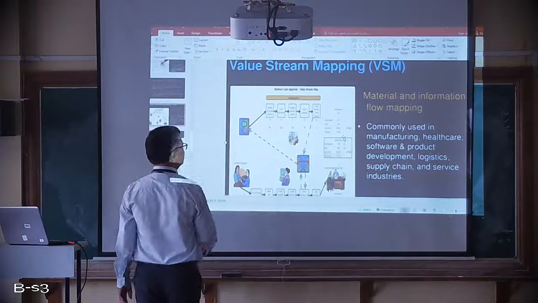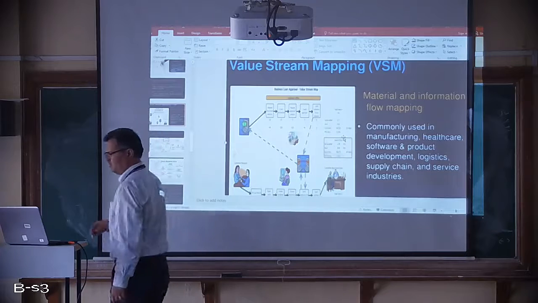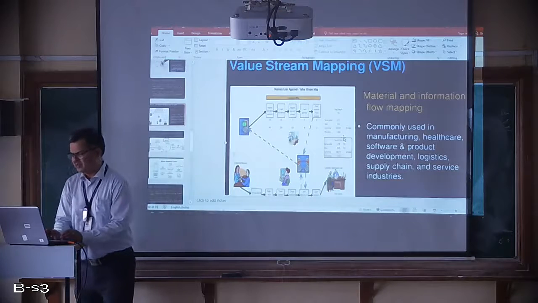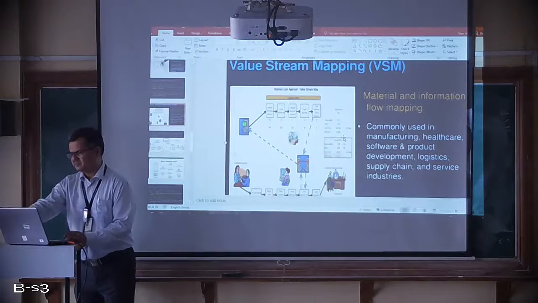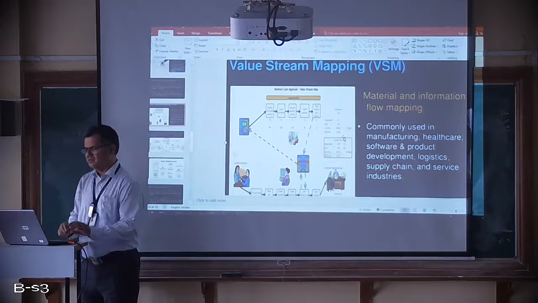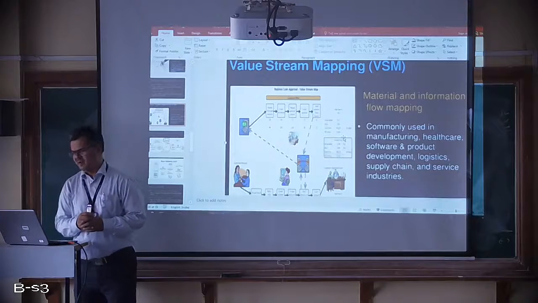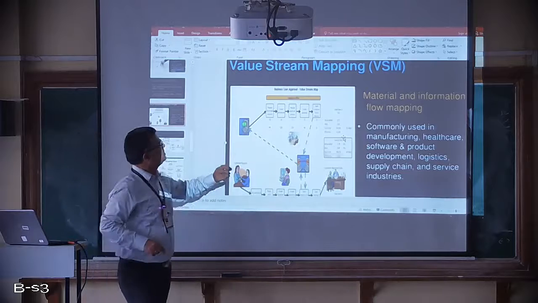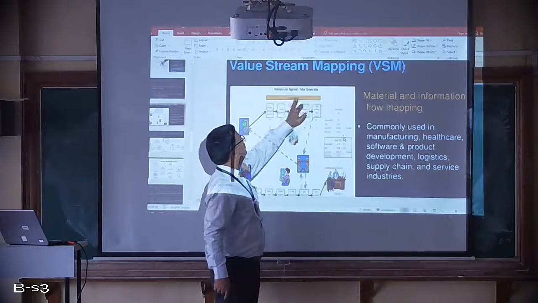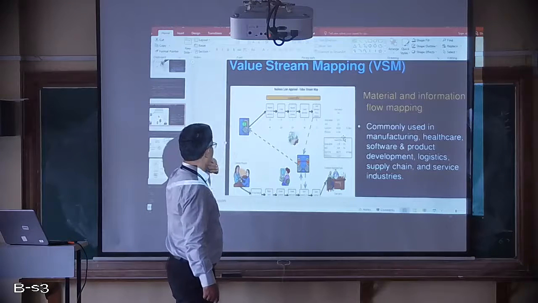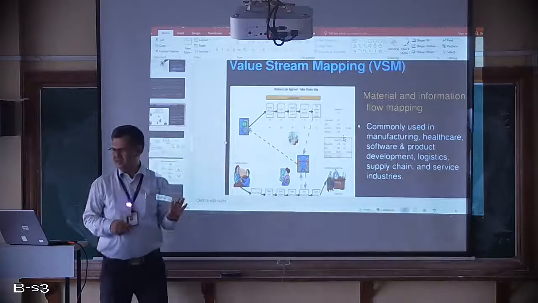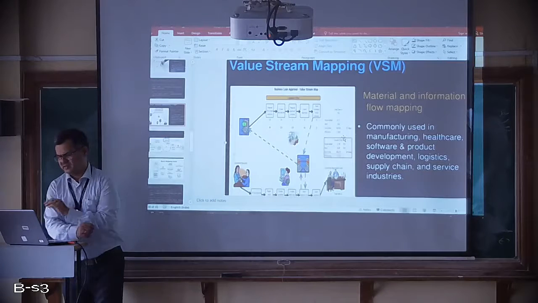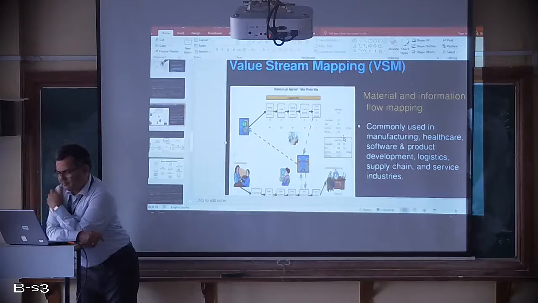For example, they have given an example. It's not clear there. I will show you here. Yeah, business loan approval value stream map. So it's a value stream map drawn for business loan approval. Here at the start, there's a customer request for a loan.